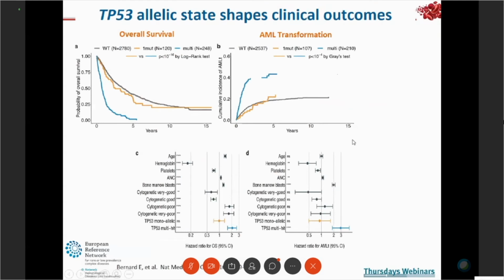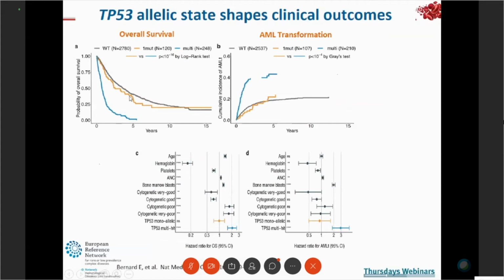But this is not so easy and not so simple, because the allelic state of TP53 may change the clinical outcome. So what we consider a unique mutation is in fact different, because when we analyzed a large number of cases in the IWG group, it was clear, and it has been published in Nature Medicine this year by Elsa Bernard, that the TP53 mutation can be different.